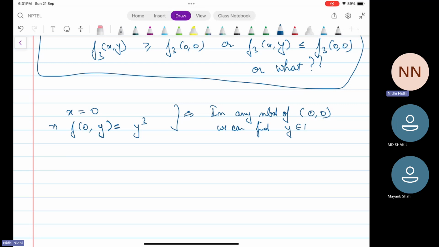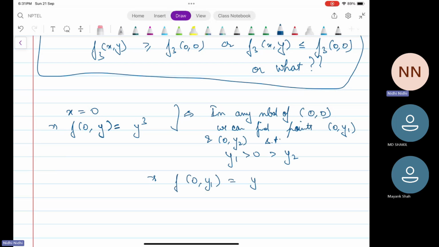We can find points 0, comma y1 and 0, comma y2 such that y1 is positive and y2 is negative. In that case, f at 0, comma y1 will be equal to y1 cube, and since y1 is positive, its cube will be positive. Whereas f at 0, comma y2 will be y2 cube, and since y2 is negative, its cube will be negative.